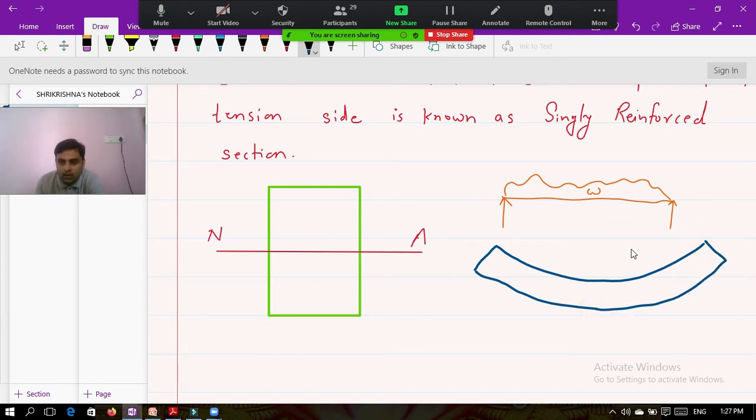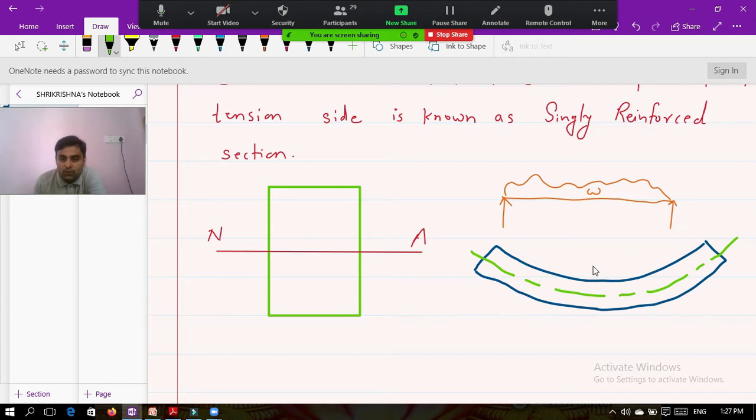Then we draw the neutral axis again here. So this may be our neutral axis. What we assume is that every fiber or element on the neutral axis is not undergoing any force. The force on every fiber or molecule present on the neutral axis is zero. That is our assumption, and that is why we call it a neutral axis.